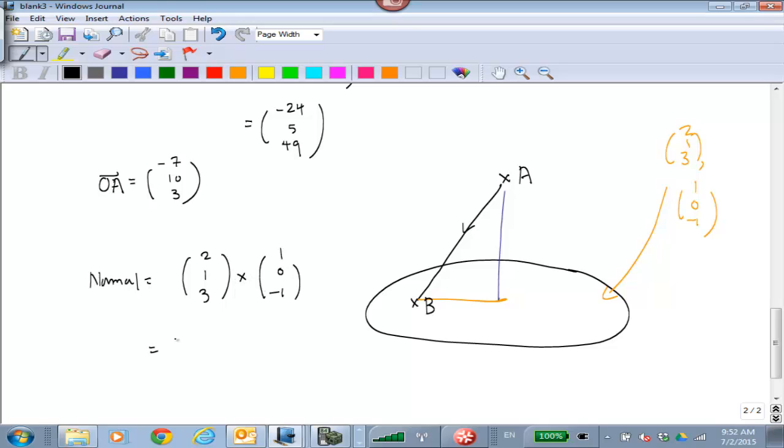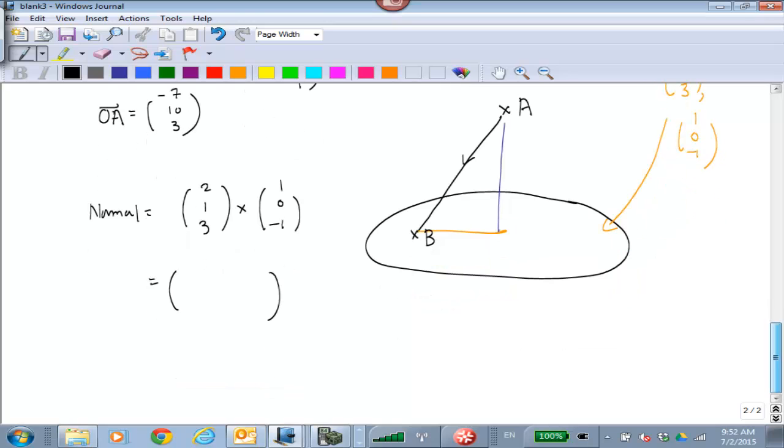And I hope the cross product, we can do it so that there's no mistake. Am I correct? Yes, I'm correct. Okay.